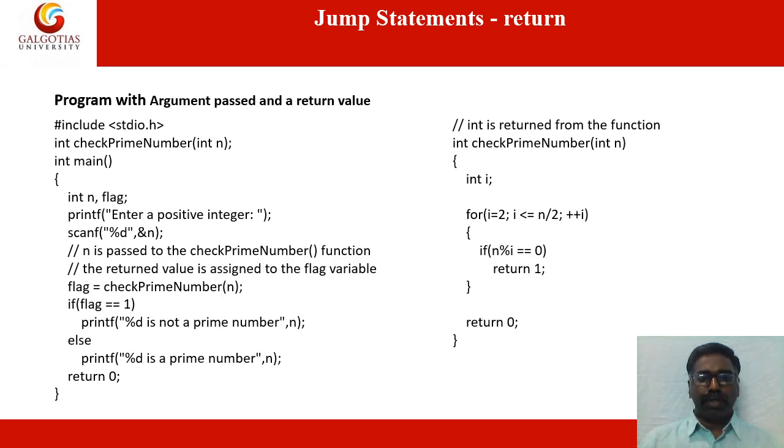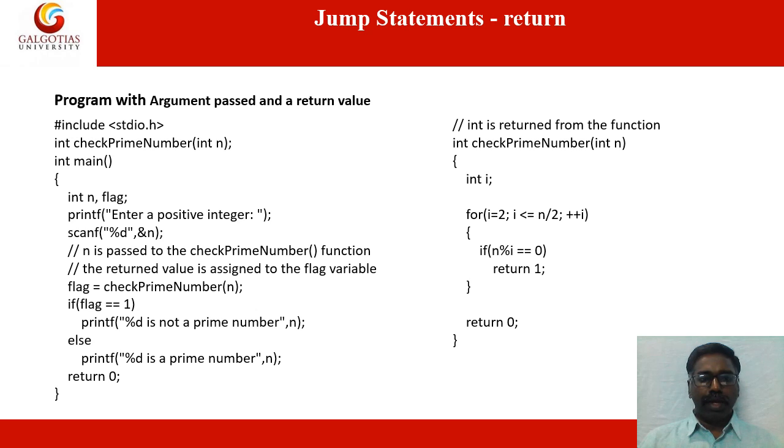Next, we are going to discuss the return statement where it returns some value to the user. See here, the same logic as the program discussed earlier. Here we have a function which is called from the main function with some argument, and it is going to return something to the main function.